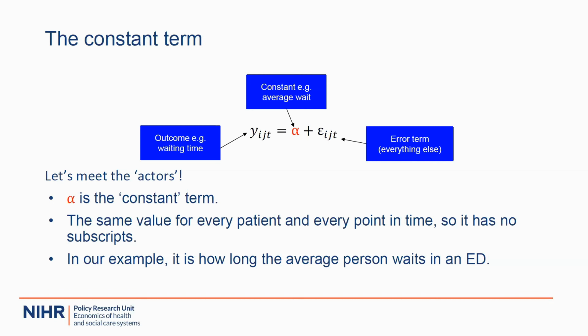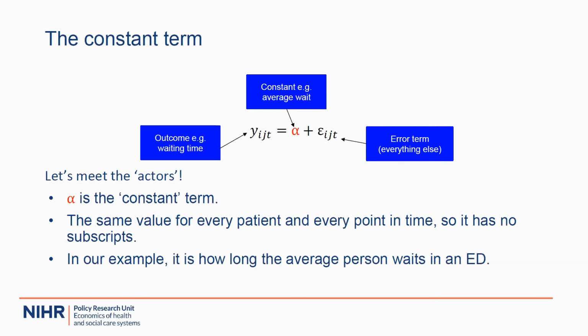And on the left-hand side, you can see Y, which we mentioned. That's our outcome of waiting time. And on the right, we already need two terms. And the one I'd like you to focus on this slide is alpha, which is the constant term.